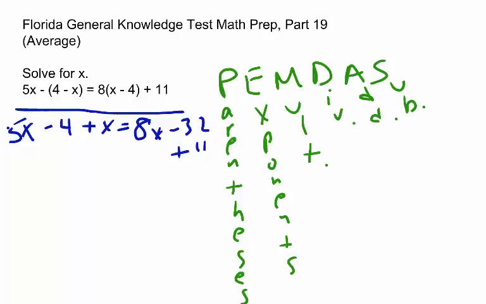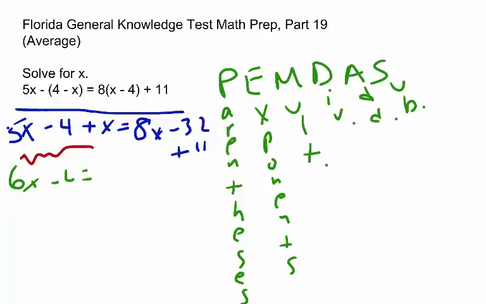Next we look to see what we can do in terms of combining like terms on the left side of the equation and on the right. Now on the left hand side of the equation I have 5x minus 4 plus x. Well, 5x and x can be combined. We add those together to get 6x, and we still have the minus 4.